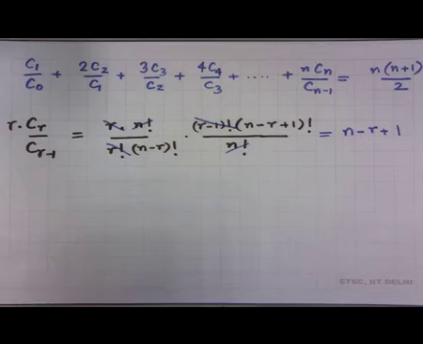So the rth term evaluates to n minus r plus 1.